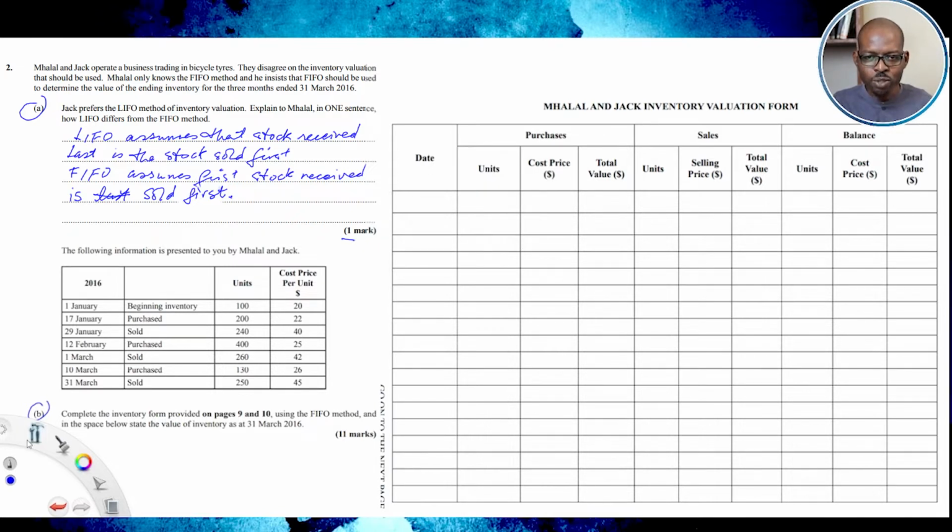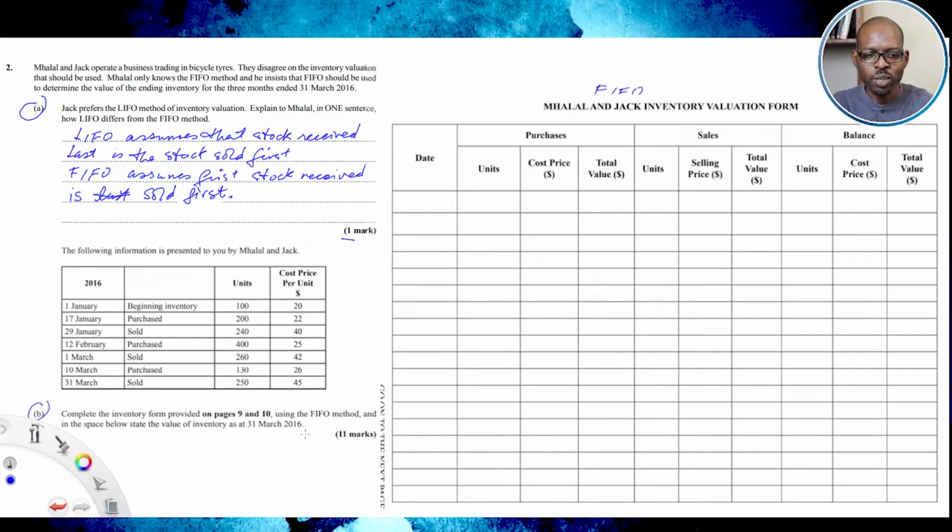So we are doing Fifo, and this was the sheet that was provided on page 9. I do not think that we need both sheets for pages 9 and 10, but the method that we're using here is Fifo, which is the first in, first out method. All right, so here we go.